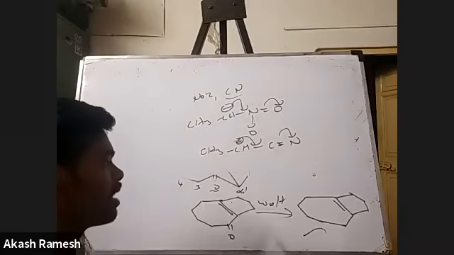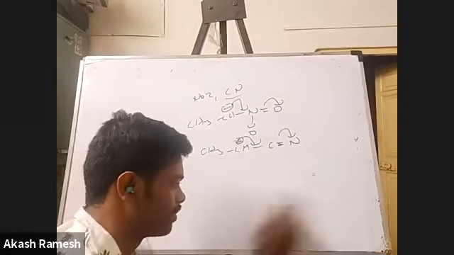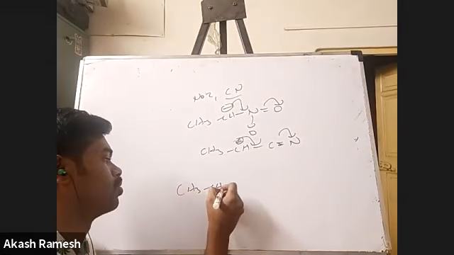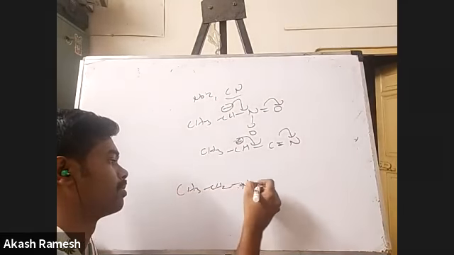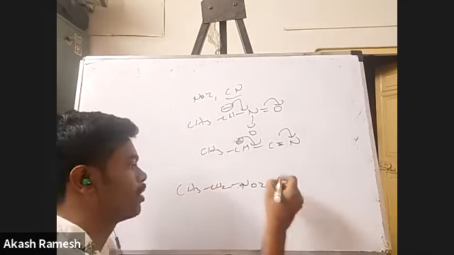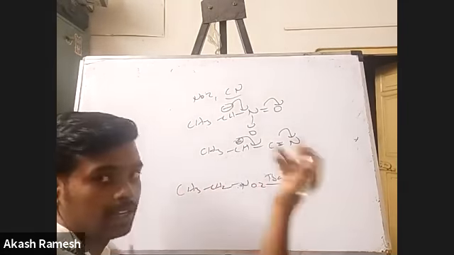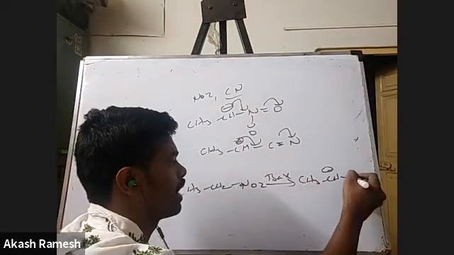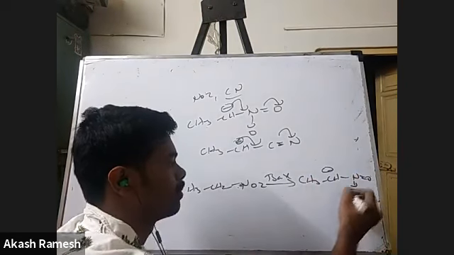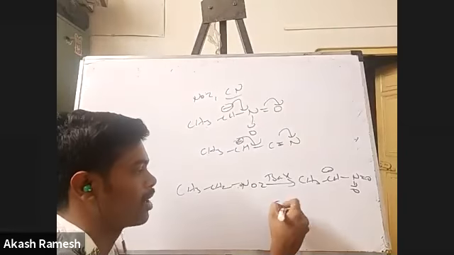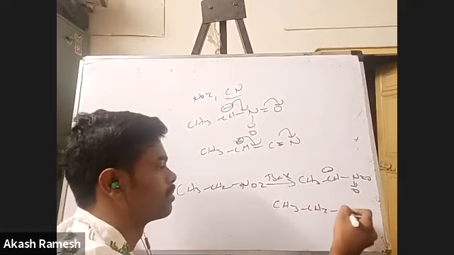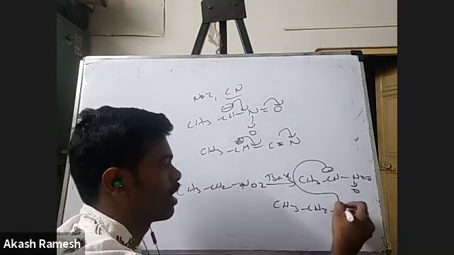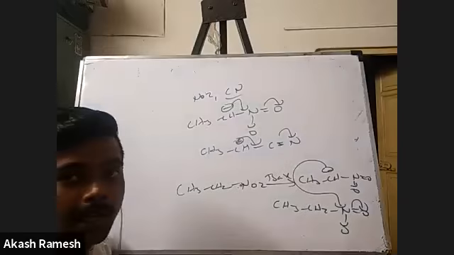So if I have to make a reaction, I can make it happen here. Say if I had CH3CH2NO2, now if I put a base, any base as you've seen before, I will form CH3CH minus NO2. Now I have to take another molecule. This will come and attack here. This bond will break.